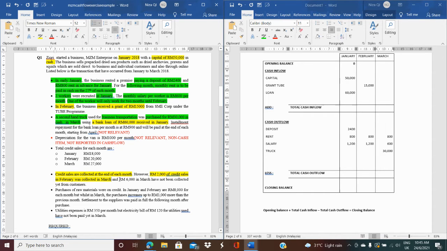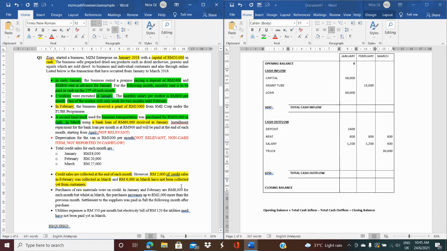So from the amount expected to be collected in March, 6,000 will be collected maybe in the next month or the following months. So you should receive 27,000 actually, but then 6,000 is not collected. So the amount for sales of March is 21,000.